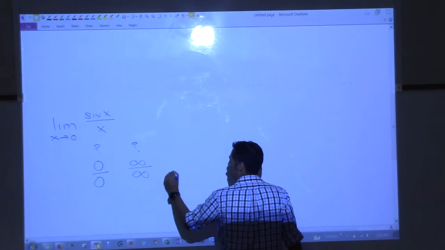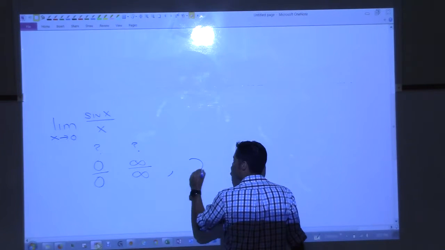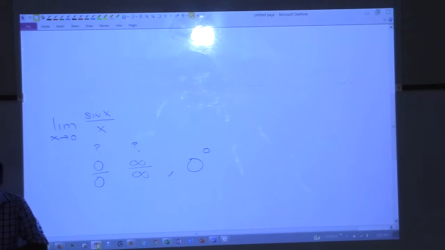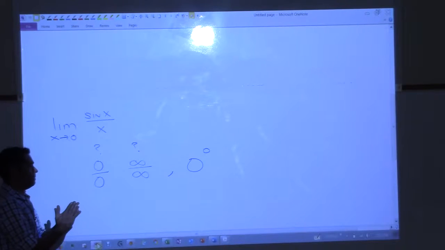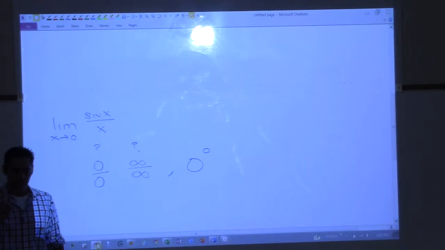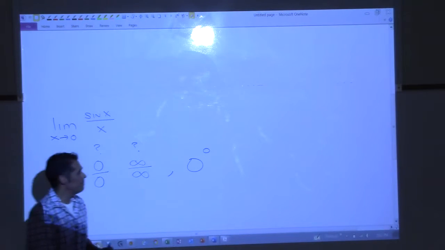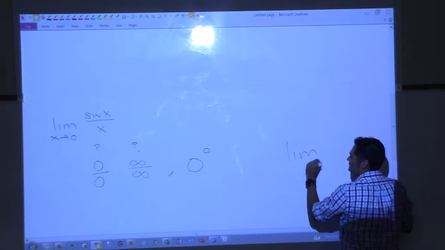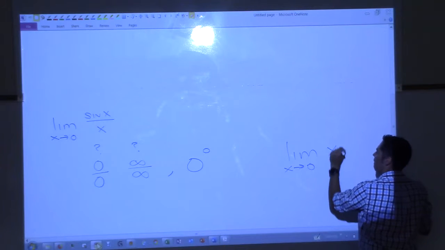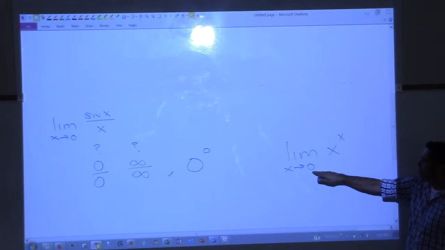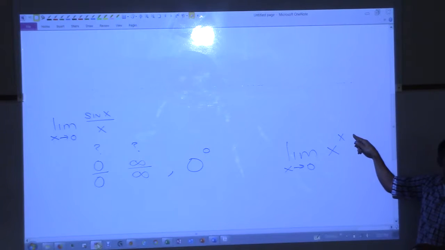All right, how about this one? How about we do something like this? 0 to the 0. Now I want to be very clear on something. I am not asking you right now, what is the number 0 raised to the number 0? I'm not asking you that. I'm asking you to consider an expression where, if you took the limit, if I say let x go to 0, then this expression would go to 0 to the 0.